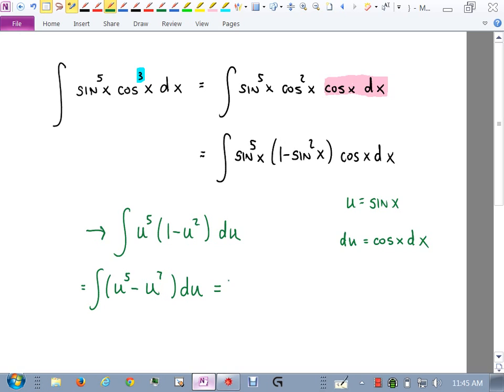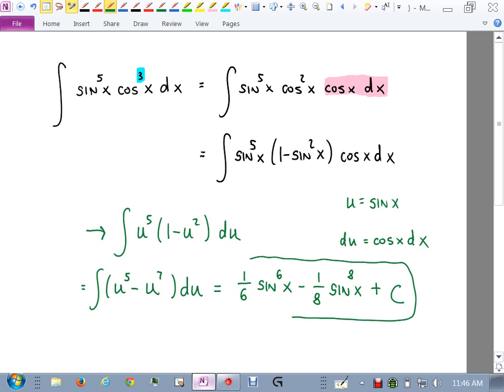You okay integrating that? 1/6 u to the 6th minus 1/8 u to the 8th, replacing u with sine. So my final answer should be 1/6 sine to the 6th x minus 1/8 sine to the 8th x plus a constant.